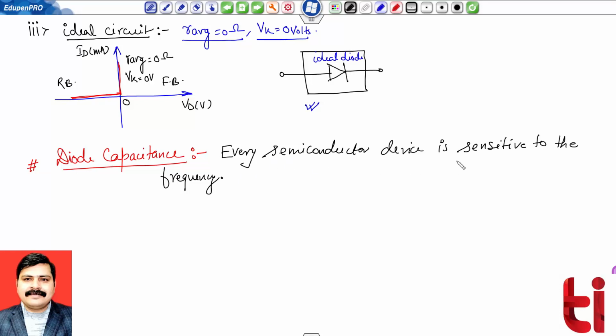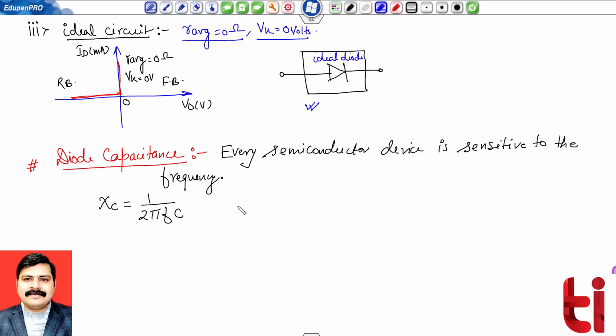That means there will be involvement of stray capacitance for the diode. So one can easily understand if I am replacing the term Xc, saying that Xc equals 1 upon 2 pi f into c.